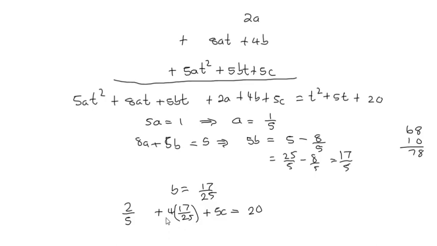78 over 25. So we've got here 5c equals 20 over 1 minus 78 over 25.